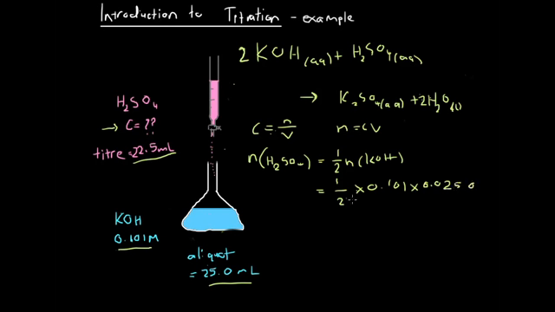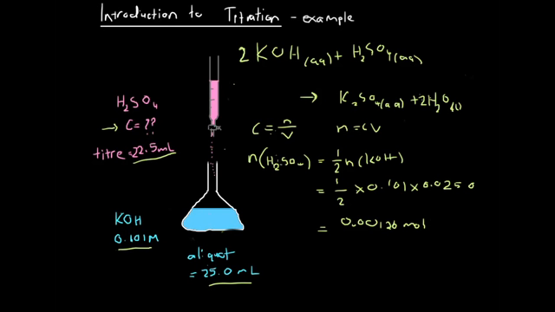If we calculate that all out, we get 0.00126 mole. So that's the mole of sulfuric acid that we have.